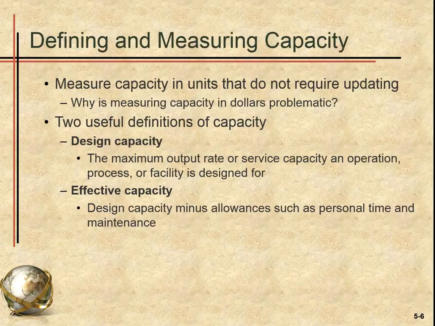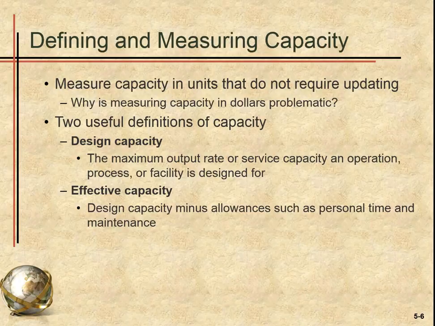Now, in reality, that never ever happens because no matter what machine you have, it's going to need some maintenance. You're going to need to load materials into it. You're going to need to have people operate it. It's never the design capacity, and that's where we get effective capacity.